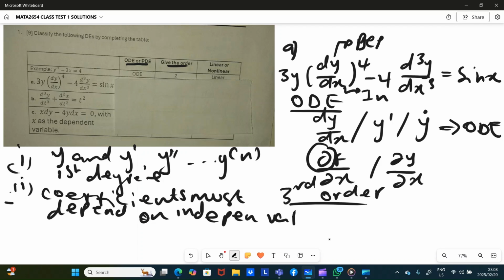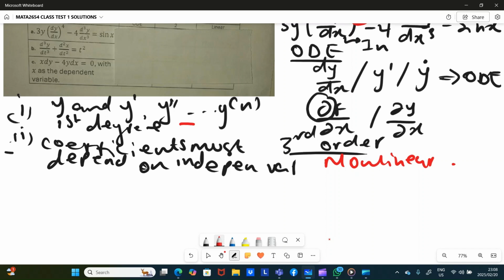However, because of this 4 here, the power of 4, our y prime is to the power 4. Then the first condition is not satisfied. In order for it to be linear, both conditions must be satisfied. So we can conclude that it is a non-linear differential equation. We are done with the first one.